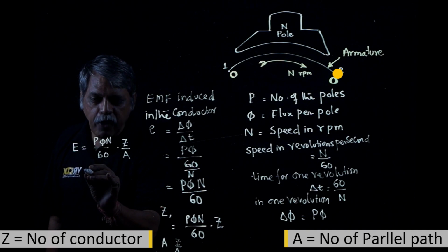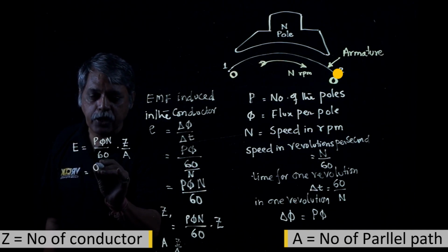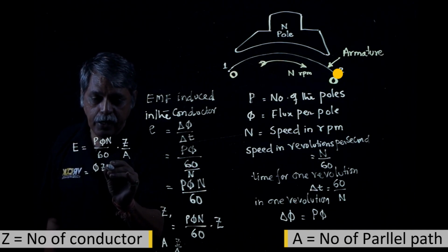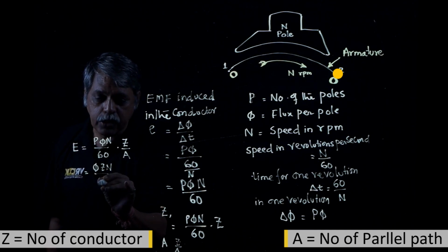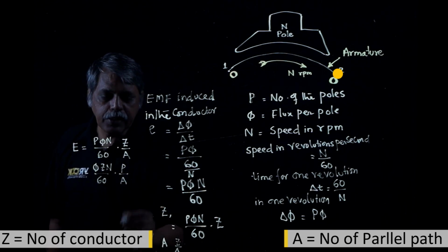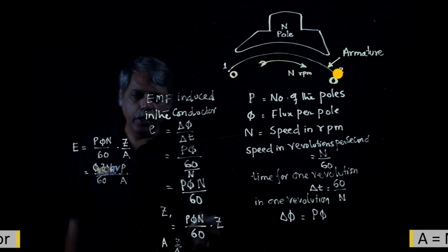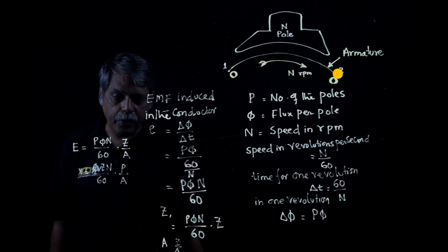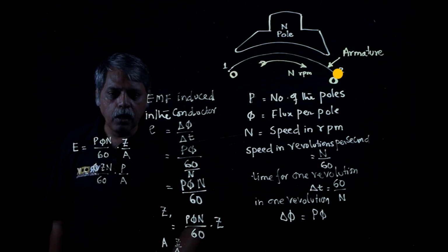If I simplify this, I will get an expression as phi Z N upon 60 into P upon A.